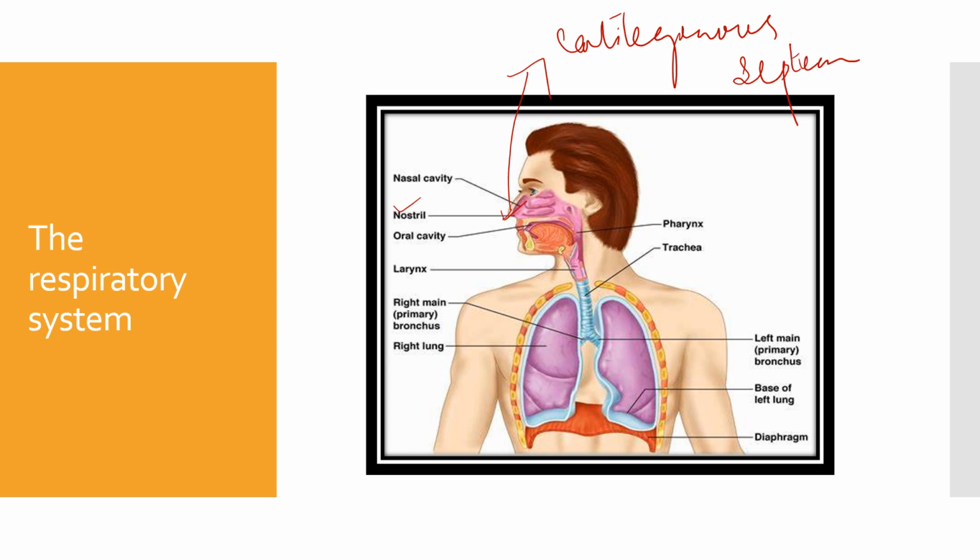Now after the nostrils, there is an inner nasal passage which has hairy ciliated epithelium and also mucus secreting cells. So in the nasal cavity, there are hairy ciliated epithelium and mucus secreting cells. What are these mucus secreting cells doing? They always have a rich blood supply inside the nasal passage, and they keep the air inside the nasal cavity moist and warm.